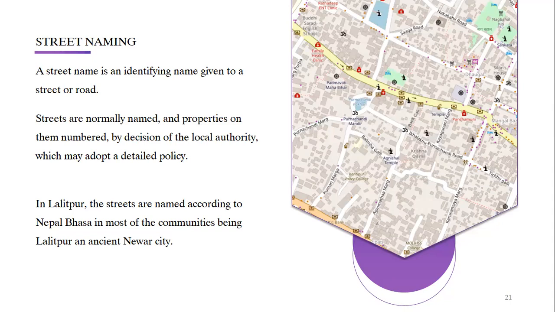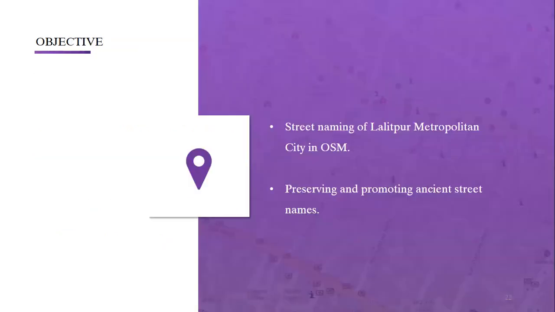Streets are normally named by decision of the local authority, which may adopt a detailed policy in coming days. And in Lalitpur, the streets are named according to Nepal Bhasa, the language of one of the native communities that reside in Lalitpur, which is an ancient Newa city as well.